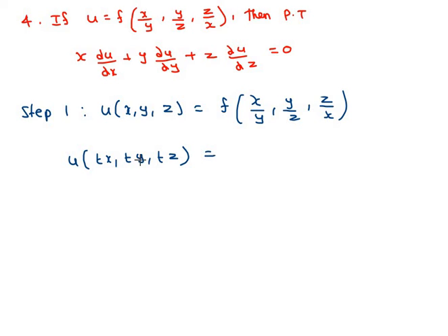So u of tx comma ty comma tz is f of tx by ty comma ty by tz comma tz by tx. Now in each and every term, t by t will get cancelled.